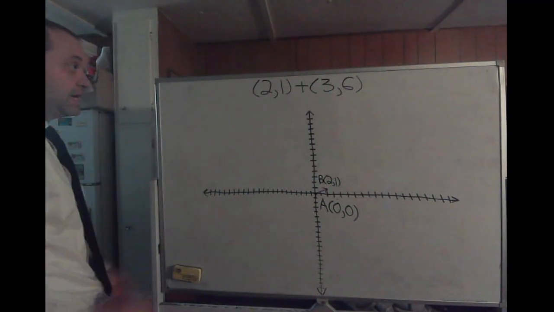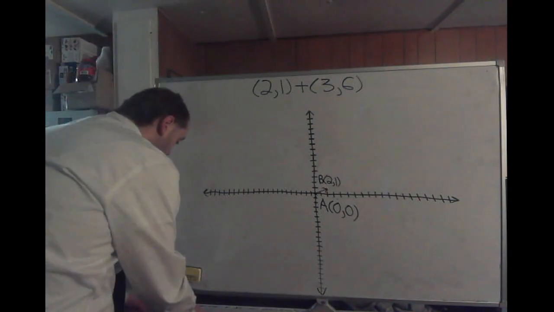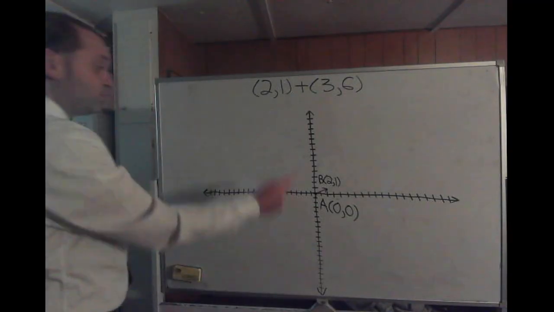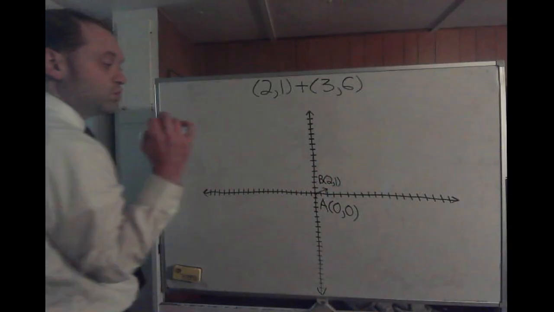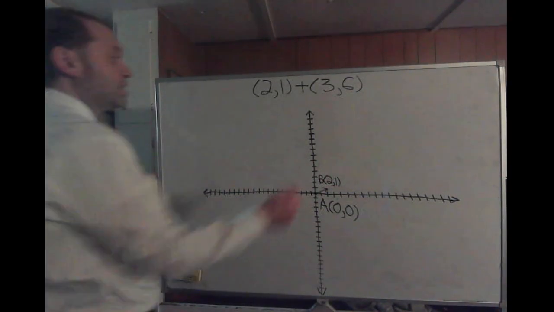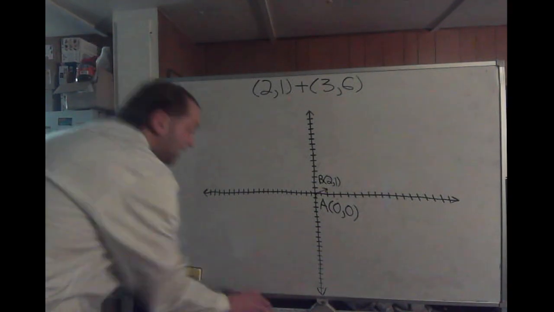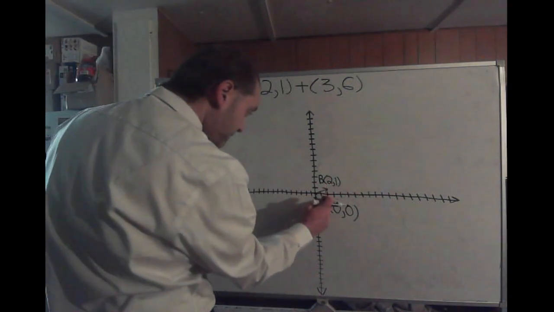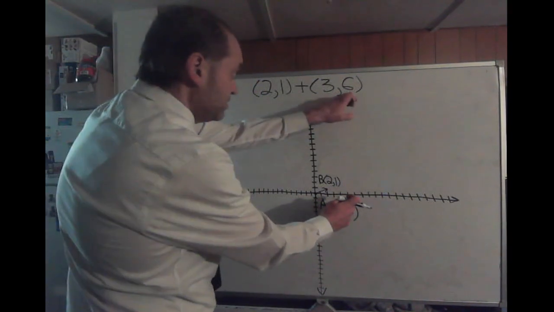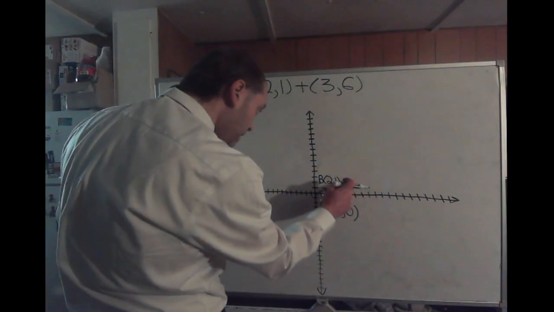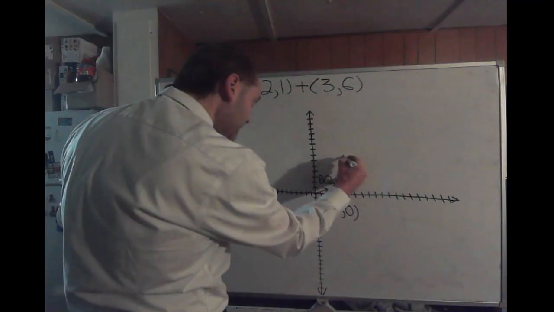Now, the second vector actually is going to be from point B to a point C. So if I'm going to go from 2, 1, and then so starting from point 2, 1, I go over to the right 3 units, okay? So if I go over to the right 3 units, that would put me at 5 for my x-coordinate, right? And then if I go up 6 units, that would put me at 7 for my y-coordinate. That put me right there.